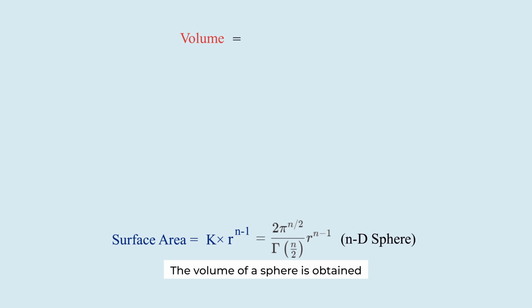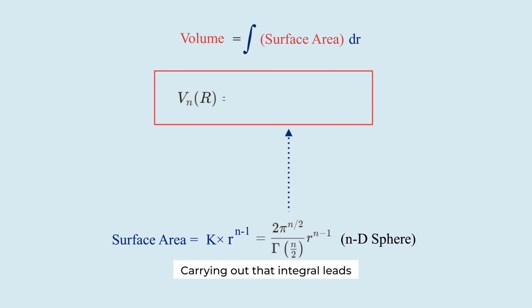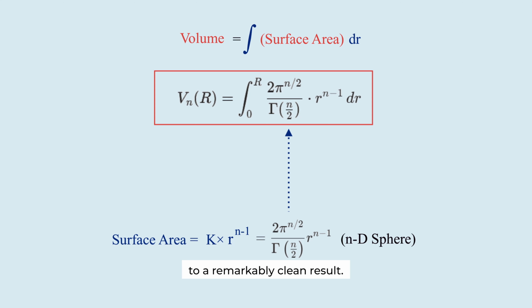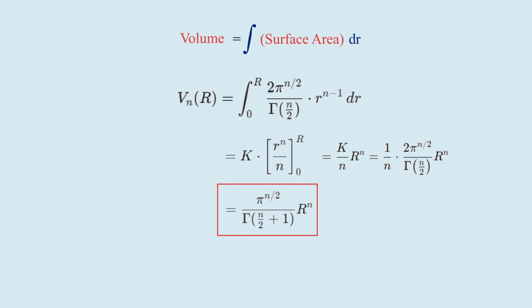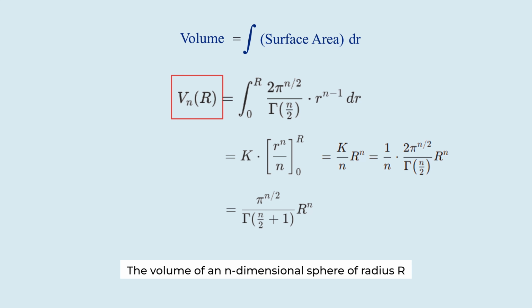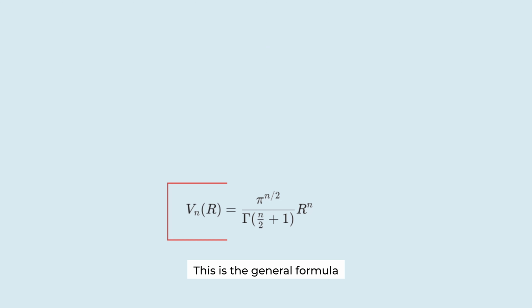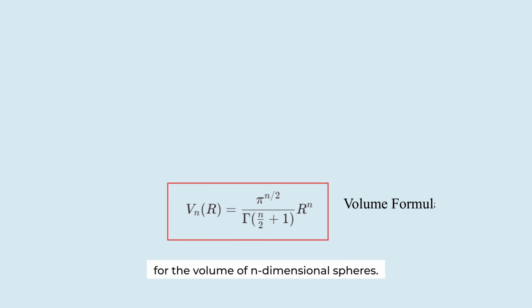The volume of a sphere is obtained by integrating each surface area with respect to the radius. Carrying out that integral leads to a remarkably clean result. The volume of an n-dimensional sphere of radius r is equal to this. This is the general formula for the volume of n-dimensional spheres.